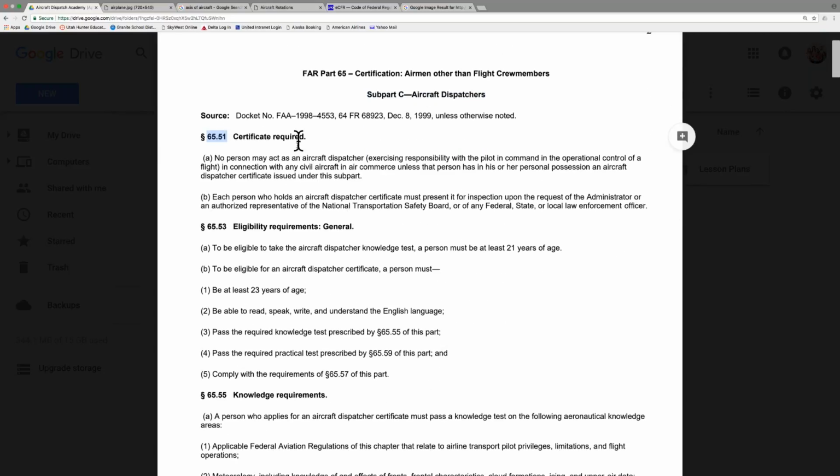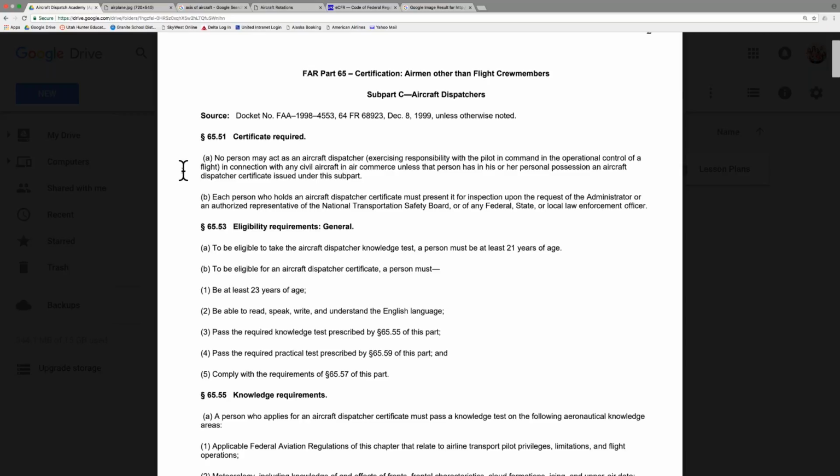Kind of what this is talking about is the certificate required. No person may act as an aircraft dispatcher, exercising responsibility with the pilot in command and the operational control of a flight in connection with any civil aircraft or in air commerce, unless the person has in his or her personal possession an aircraft dispatcher certificate issued under the subpart.